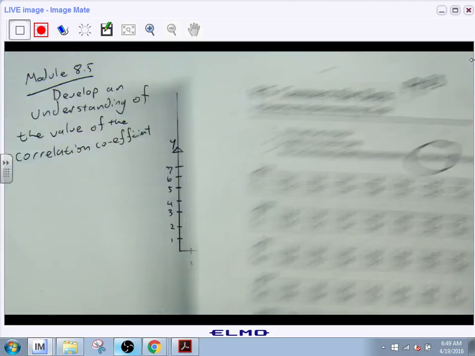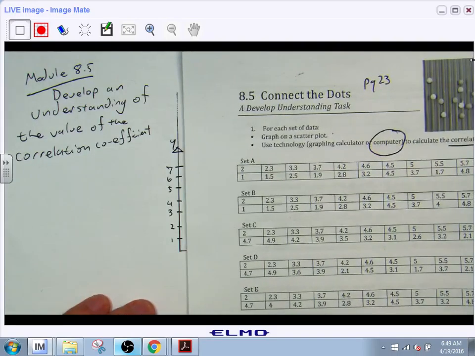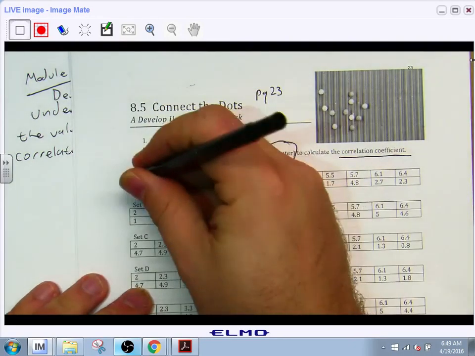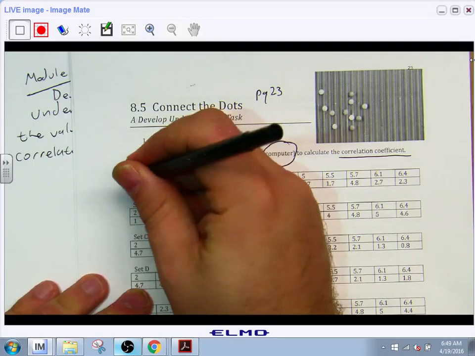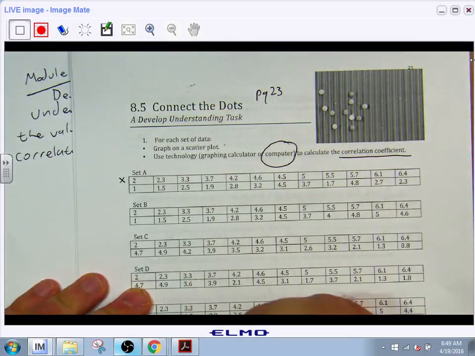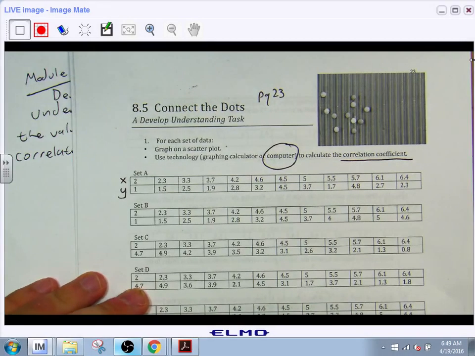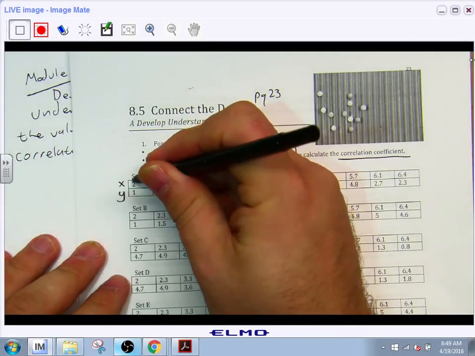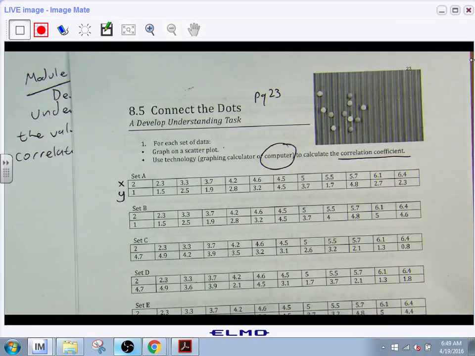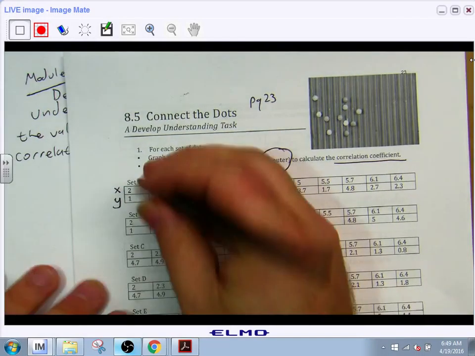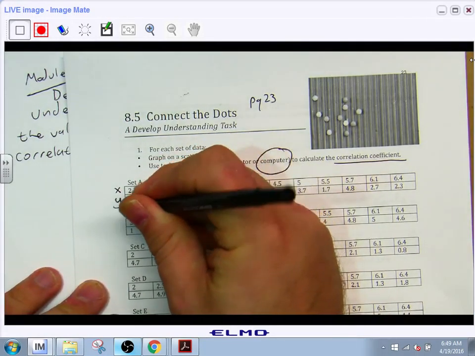When we look at set A, we're going to view this first row as our x values, and our second row is going to be our y values. So when I look at this column right here, and it says 2, 1, that's the point 2, 1.